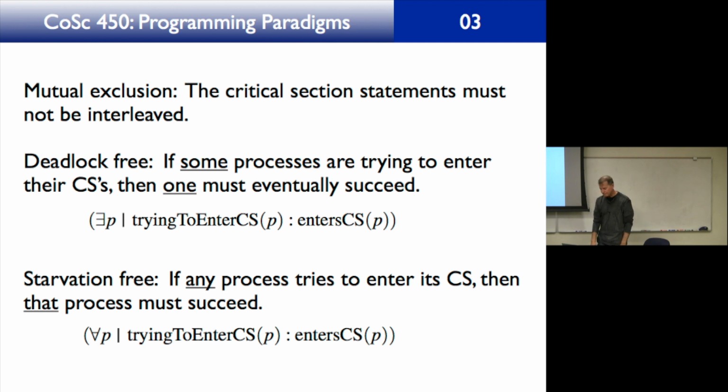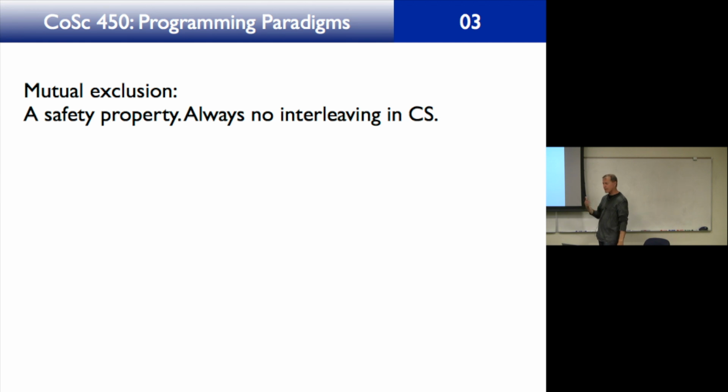Okay? Now, do you remember we talked about safety and liveness? And do you remember the difference between safety and liveness? Safety was what? Always something bad wouldn't happen, right? Remember the examples that we had? So now, here is the primo example of safety. Mutual exclusion, that's a safety property.